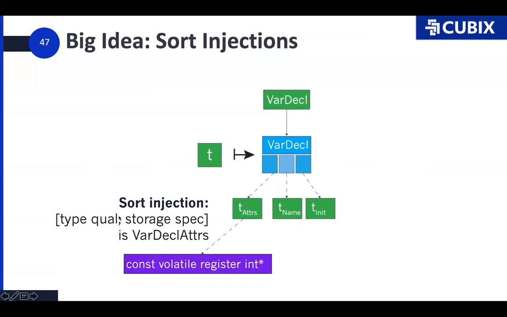Whereas in C, you have this more complicated thing that covers things like const, volatile, register, and so on. You make that be a subsort of variable declaration attributes. And now you include these in your language definition. And now you have this generic variable declaration node acting like these very complicated C-specific variable declarations.